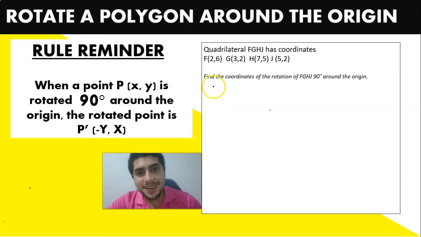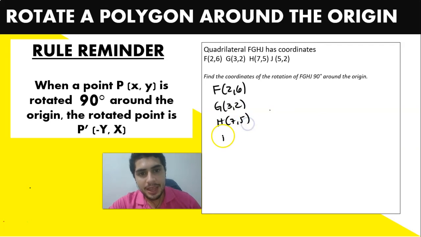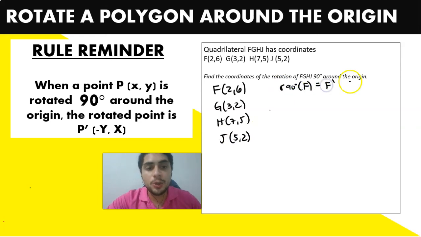So in this case, for F (2, 6), G (3, 2), H (7, 5), and J (5, 2), the rotation of 90 degrees of point F is going to give us a new position for F, which again is going to be the value of negative y.